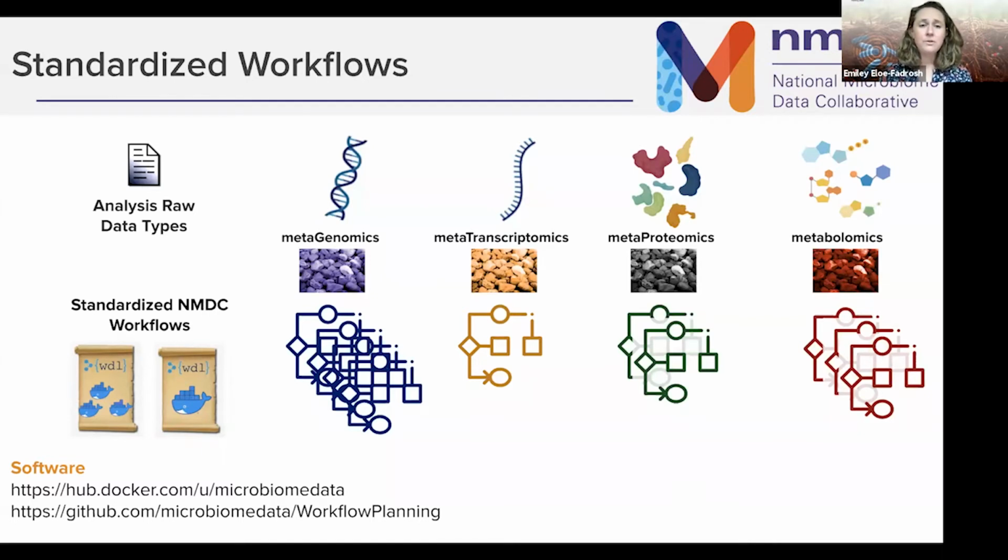These workflows include processing pipelines for metagenomics that range anywhere from QC all the way to metagenome binning, metatranscriptomics, metaproteomics, and a suite of different metabolomics processing pipelines. Importantly, all of these workflows have been leveraging very similar components, and so the annotation of the data can be integrated together once data is processed through these workflows.